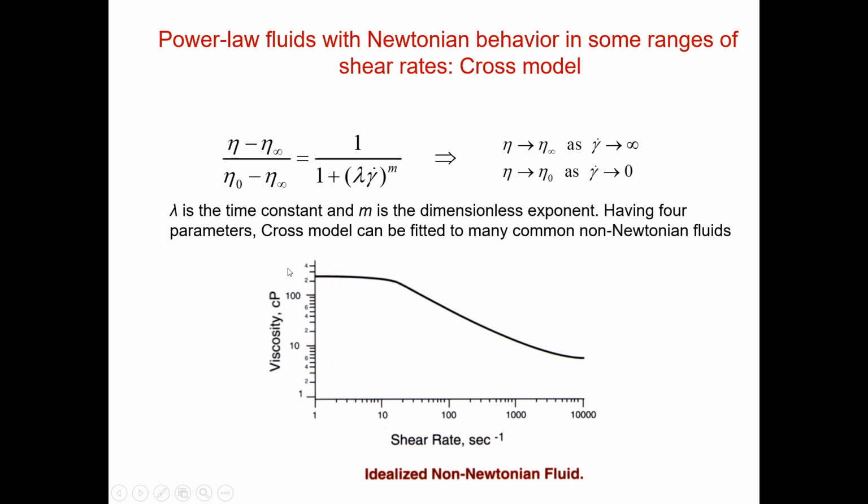I have another plateau. So those are 2 viscosities at 2 different limits. In between, I have essentially a power law. And that power law happens to have lambda and m in there. A type of power law, right? So that's a Cross model. So how many parameters do we count?